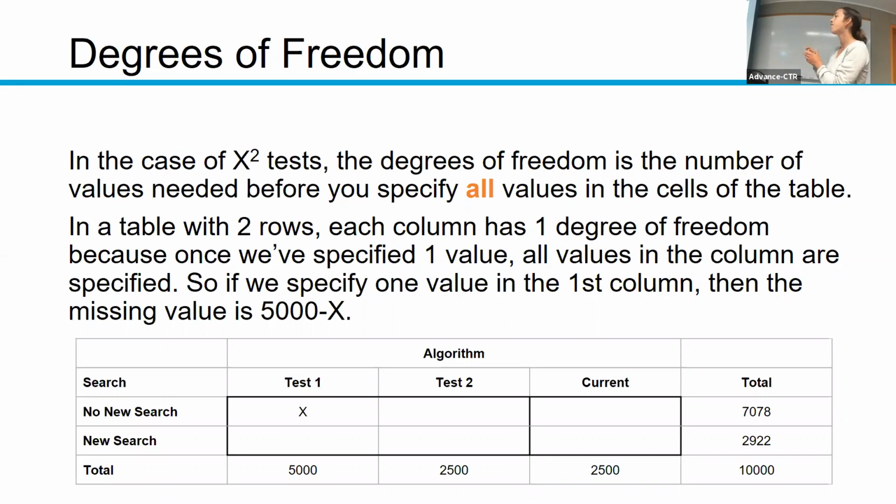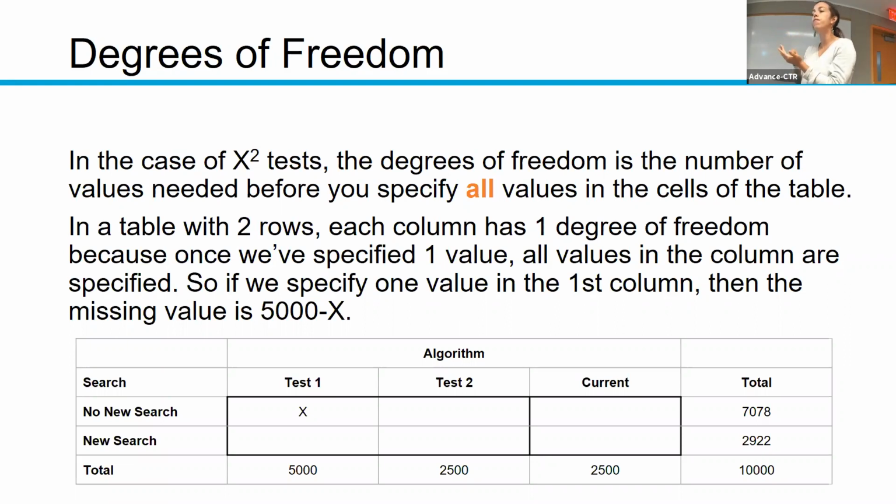It's going to be 5,000 minus X. Similarly, if I told you that the value for the no new search and test 2 cell is, let's say, Y, I know that the count for the new search test 2 cell is 2,500 minus Y. So since a table has 2 rows, every column has 1 degree of freedom.